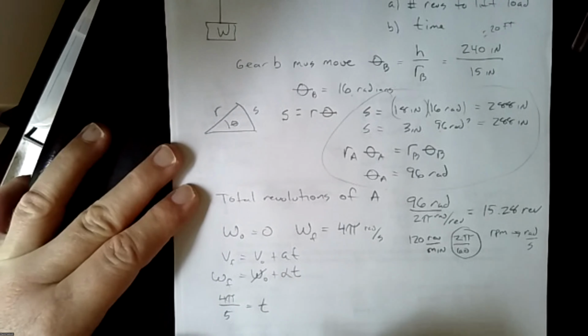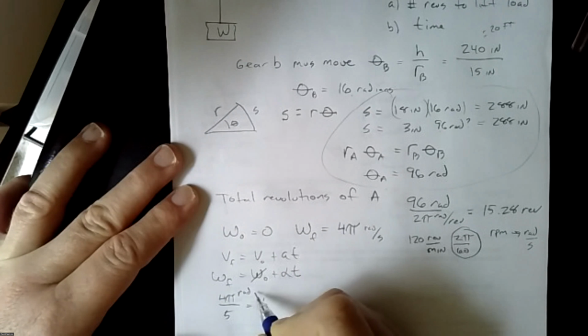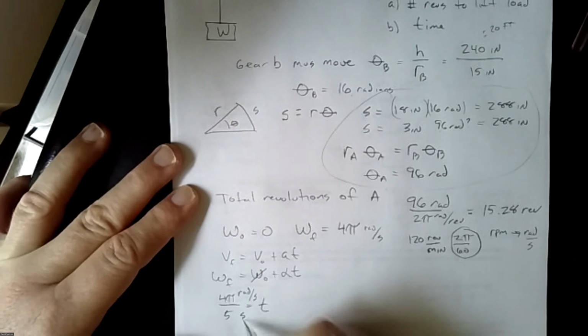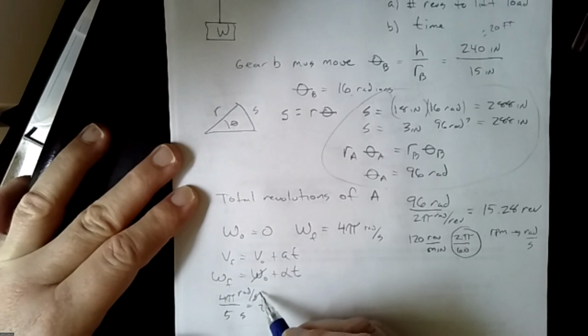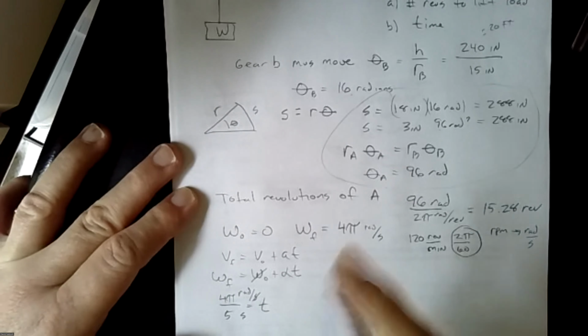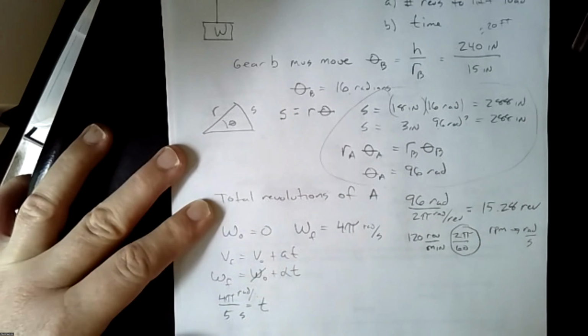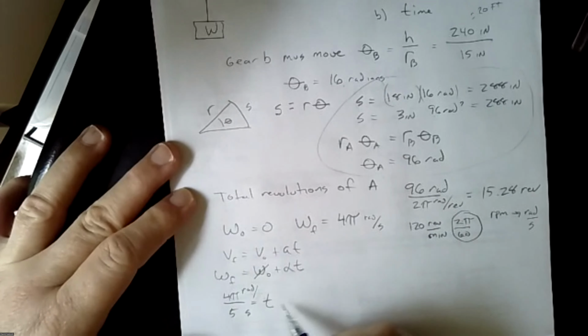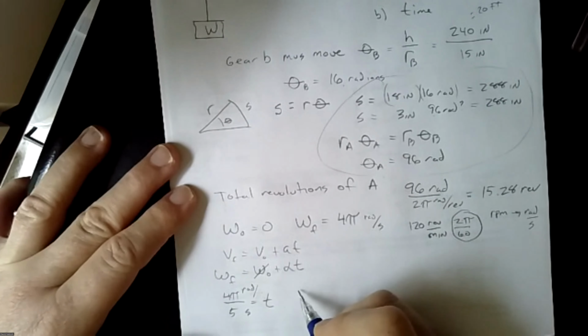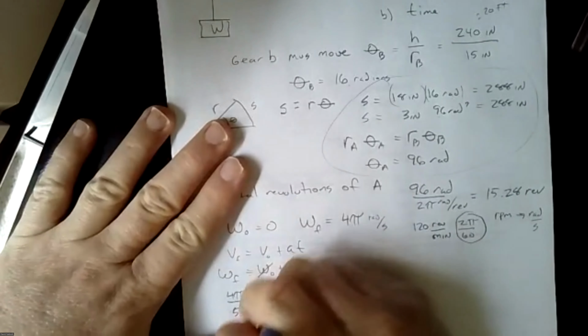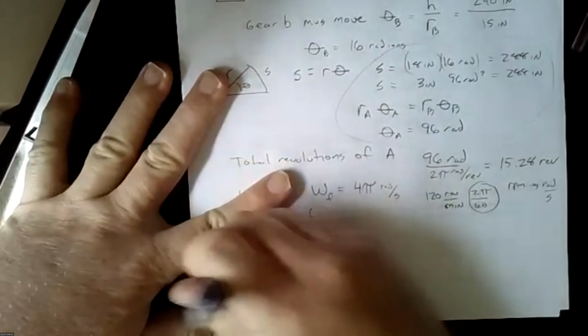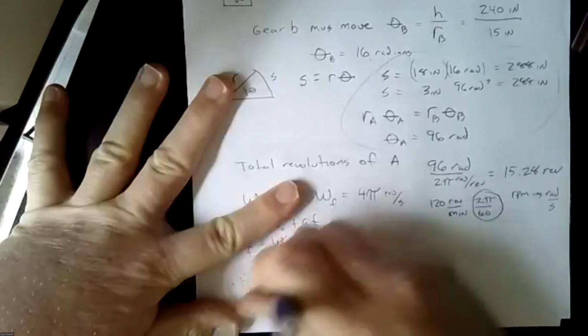Radians per second over seconds gives radians per second squared. I'm sorry, I'm confusing myself, it's Sunday afternoon.